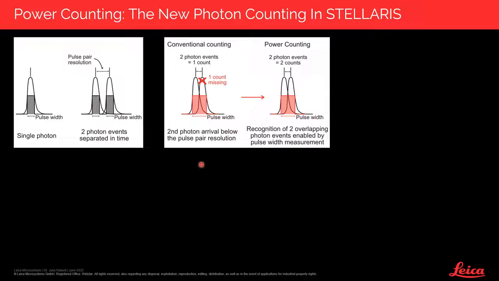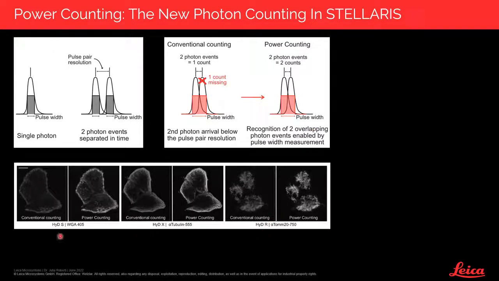In conventional counting, when a second photon arrives below the pulse pair resolution, it will be missed from the counting because it is confused and integrated with the first photon that was detected. With power counting, we can correctly account for the second photon by using the pulse width information.